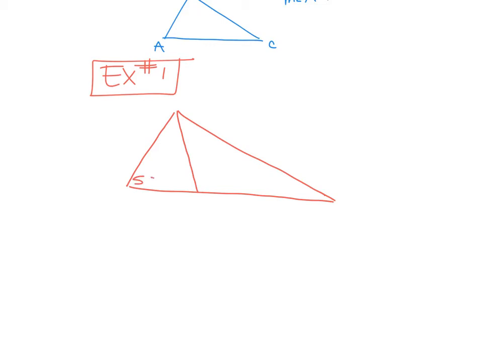This is 59, x, y, z, 49, 43. All right, so you have a picture. How many triangles are in this picture? 2.